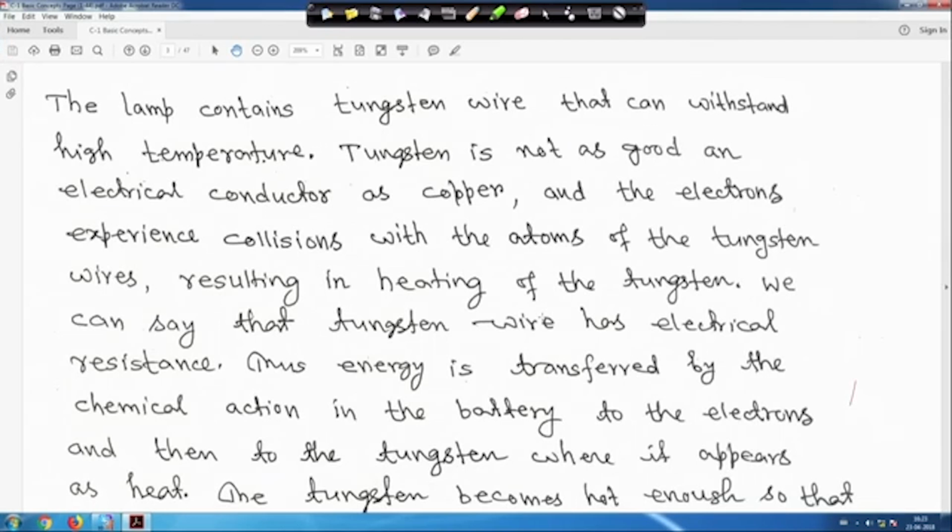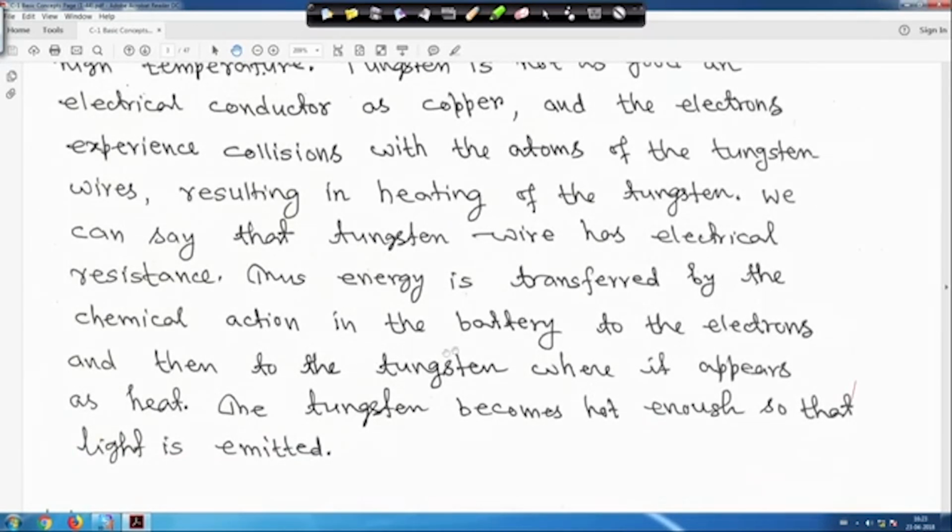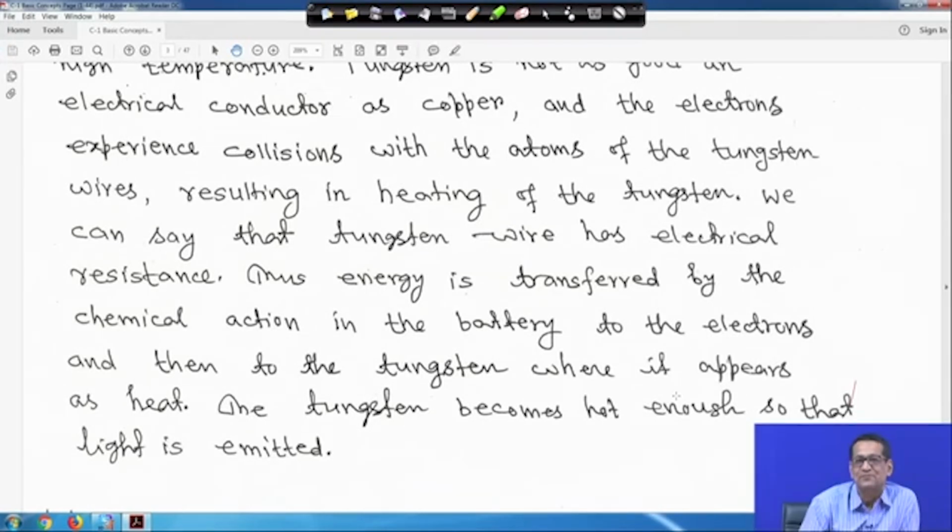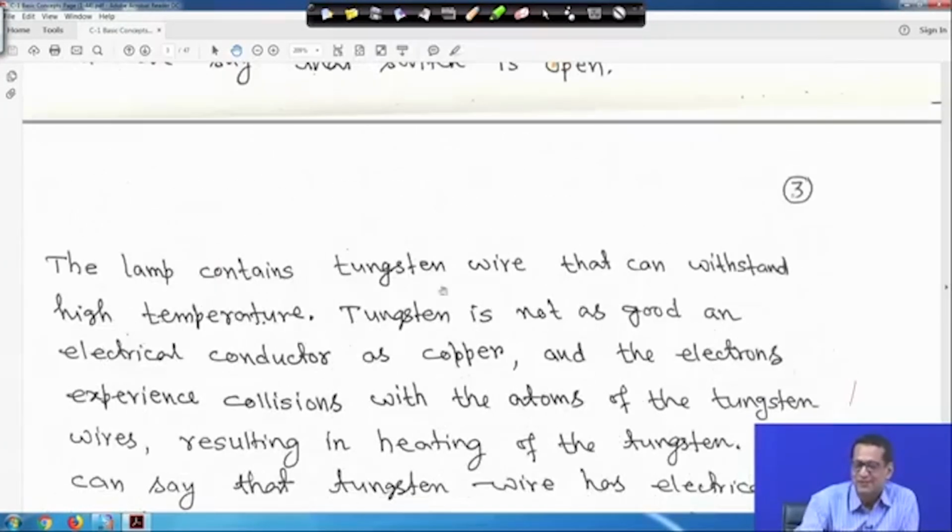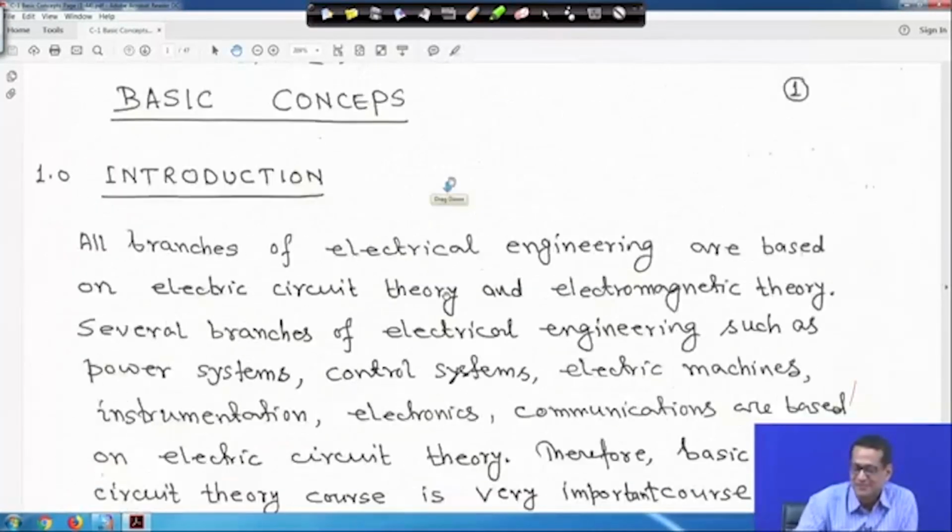Thus energy is transferred by the chemical action in the battery to the electrons, and then to the tungsten, where it appears as heat. The tungsten becomes hot enough so that light is emitted. I will put a question to you on this.